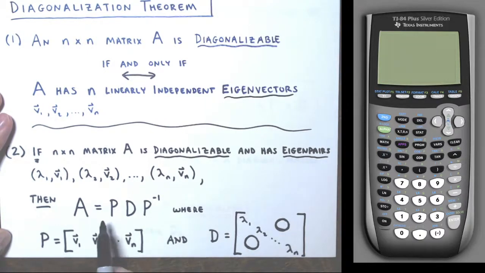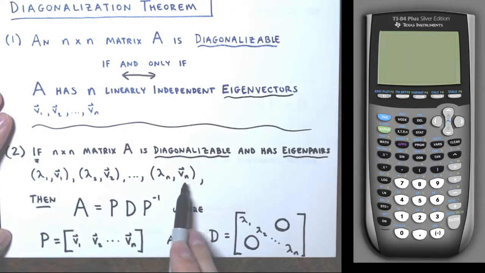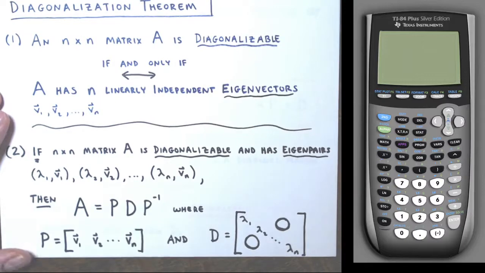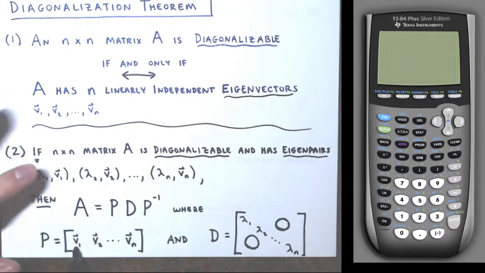Here's how we find this P. P is simply the matrix where each column is one of these n independent eigenvectors. So you see the matrix notation here, column 1 is v1, column 2 is v2, column n is vn. So it's really that easy.